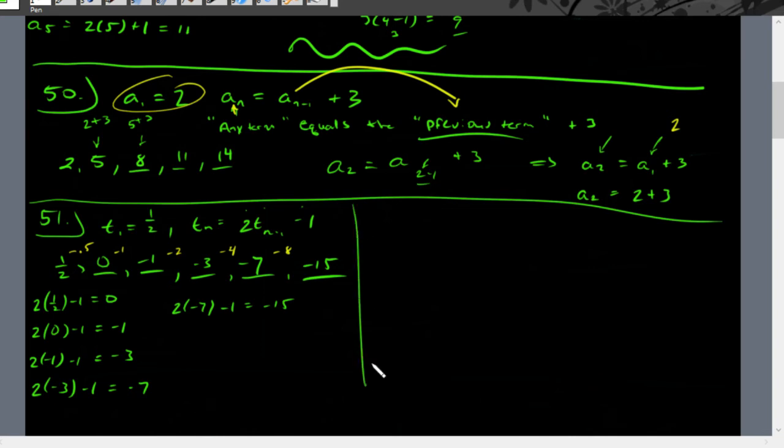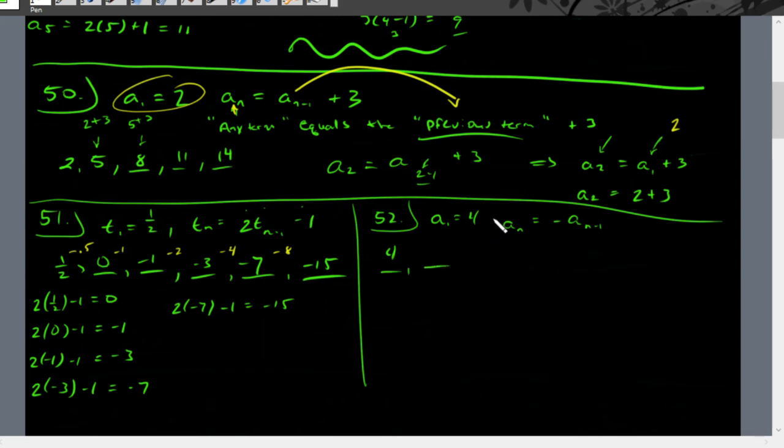Alright, number 52. A sub 1 equals 4. A sub n equals negative A sub n minus 1. Students are like, wow, what is going on here? Well, the first term is 4. That's literally a given.